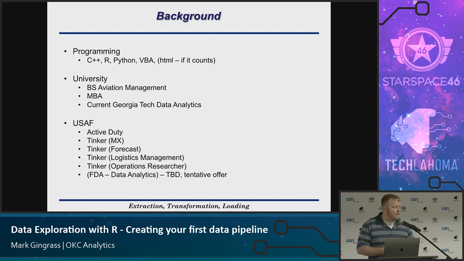Then I worked at Tinker fixing electronics, so I did some troubleshooting, some basic programming there. And then I moved over to this world called forecasting. So we're forecasting for the future. It was kind of my taste of getting on the management side of things. I became a logistics manager, trying to glue things together that didn't work, all in supply chain, mind you.